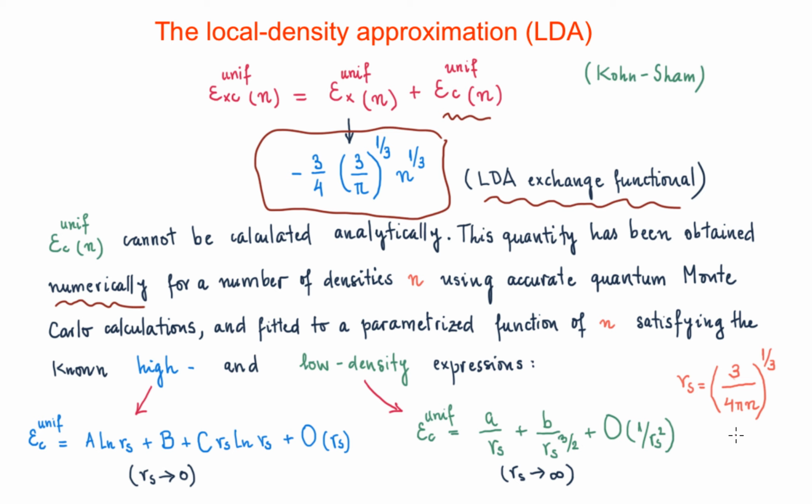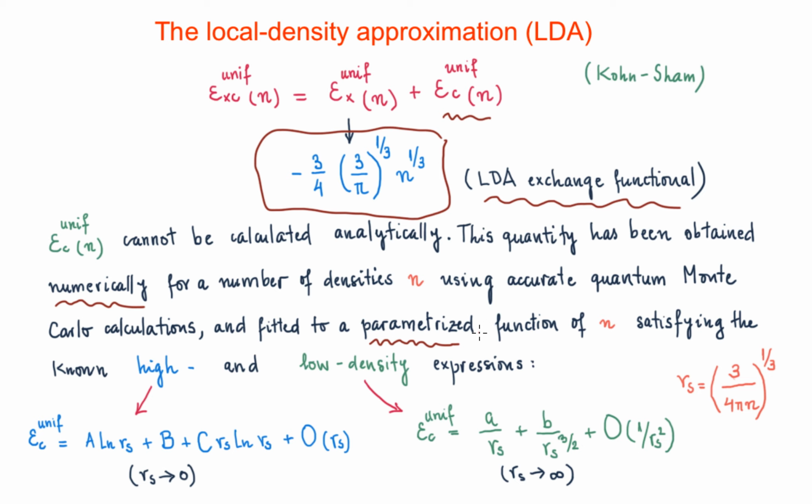So having the parameterization in terms of rs or in terms of the electronic density is completely equivalent.